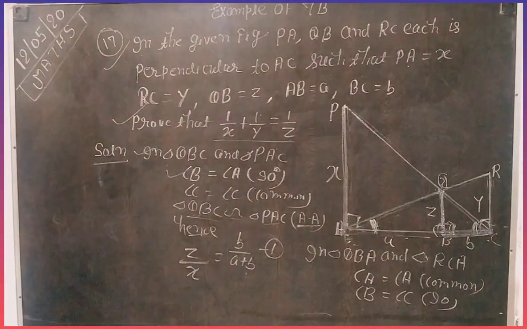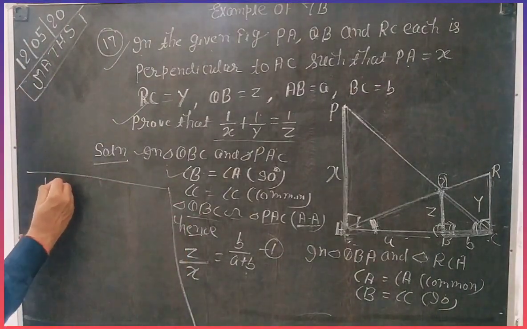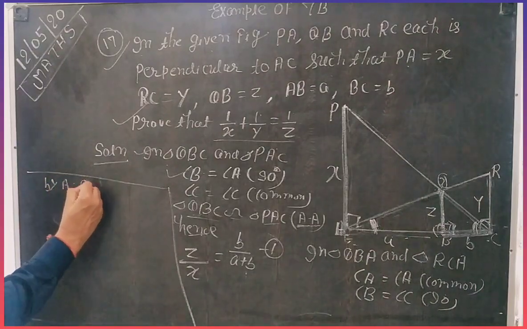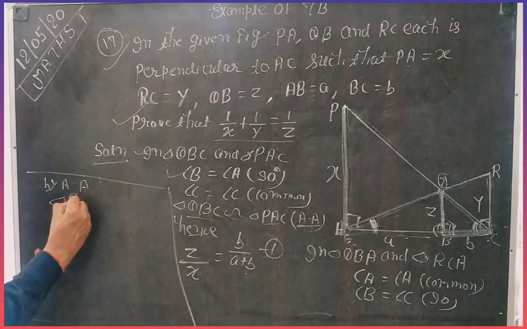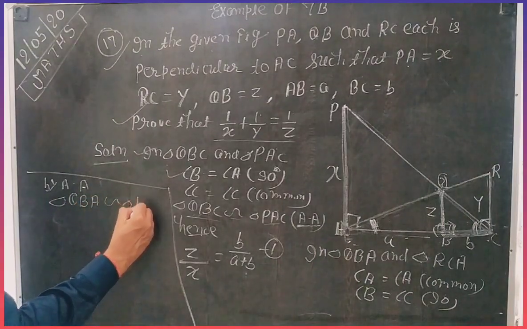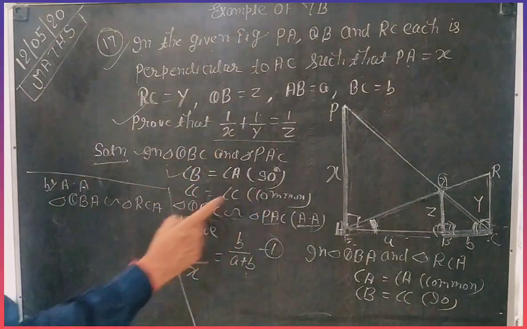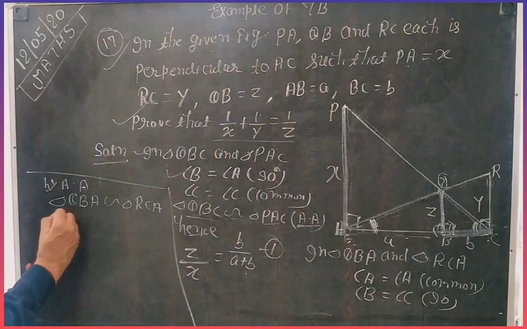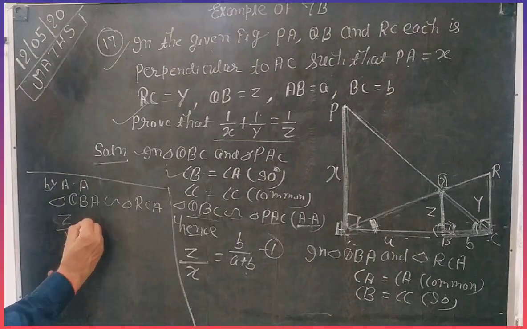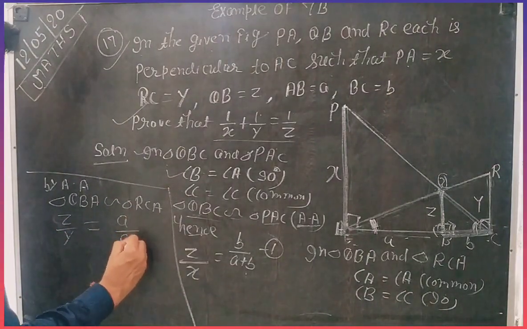Hence, by AA, triangle QBA is similar to triangle RCA. Take the relation here, that is Z by Y is equal to A by A plus B.